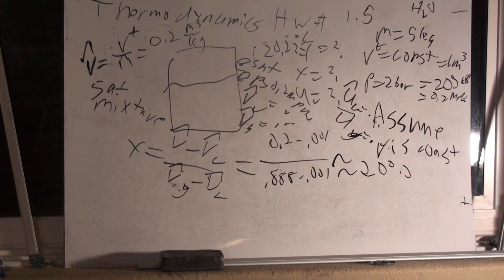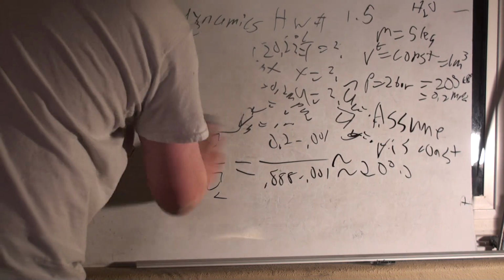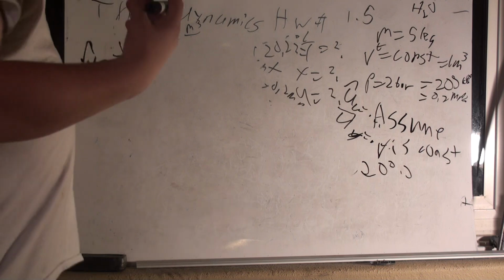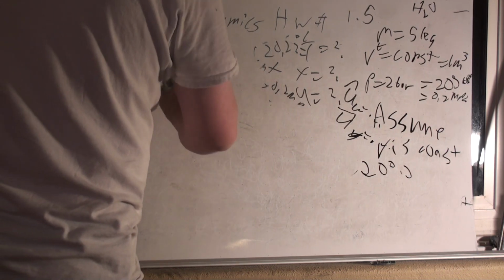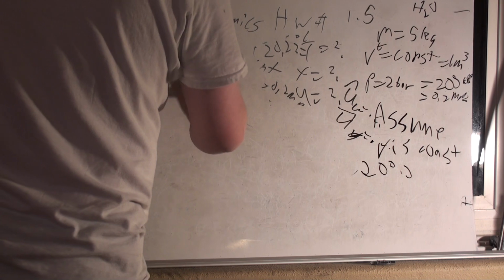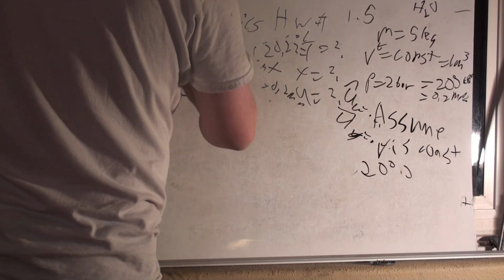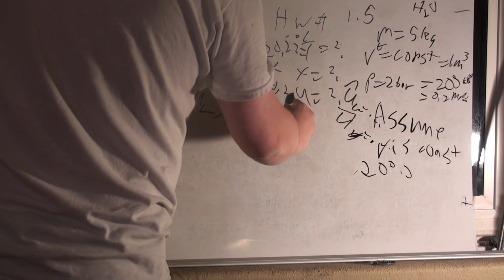Okay, but now we're using the formula for internal energy. Let's erase some of this mess. Now that I have a quality, I need to get internal energy. Well, internal energy is equal to the internal energy of the gas minus the internal energy of the liquid, times quality, plus the internal energy of the liquid.